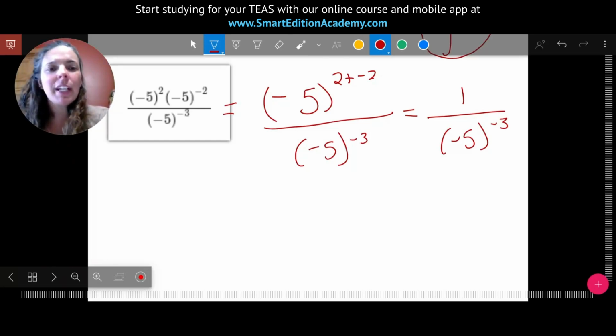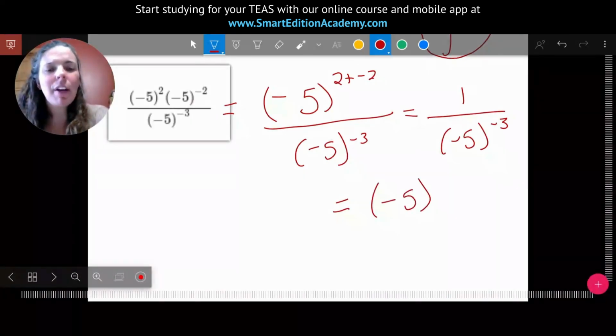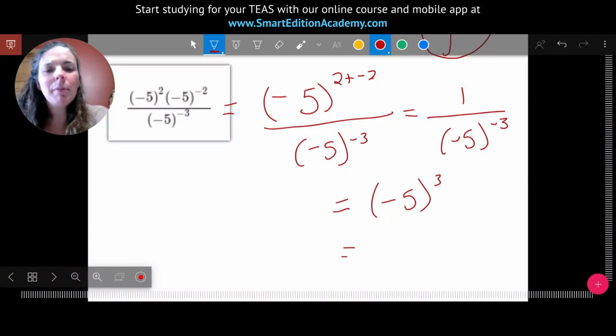So I have 1 over negative 5 to the negative third. I want to get rid of that negative 3. So in this case, since it's already on the bottom, I get to push it to the top. So negative 5 to the positive third. And I would probably be asked to simplify this even further to get the actual value. Negative 5 times negative 5 times negative 5 would give me a negative 125 as my solution.